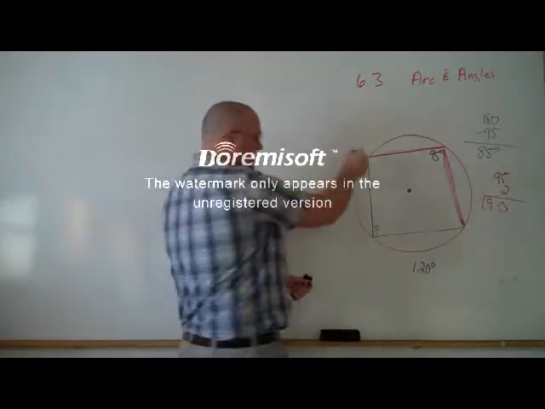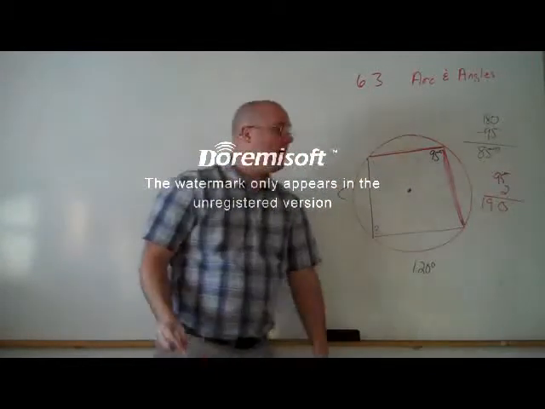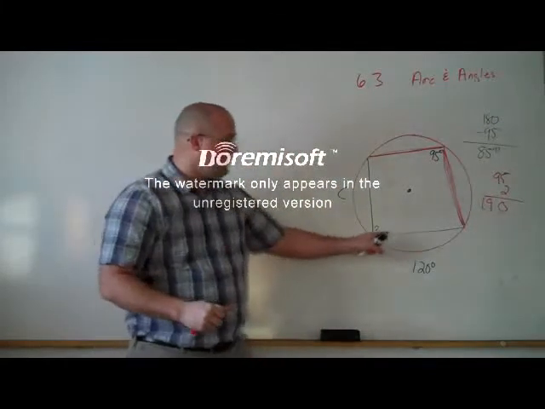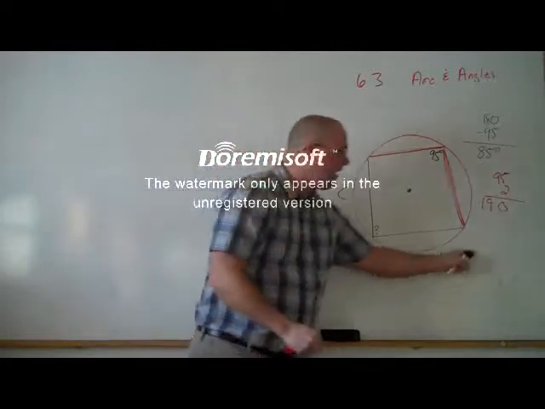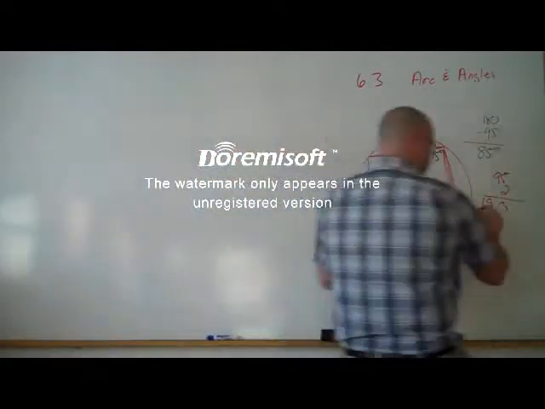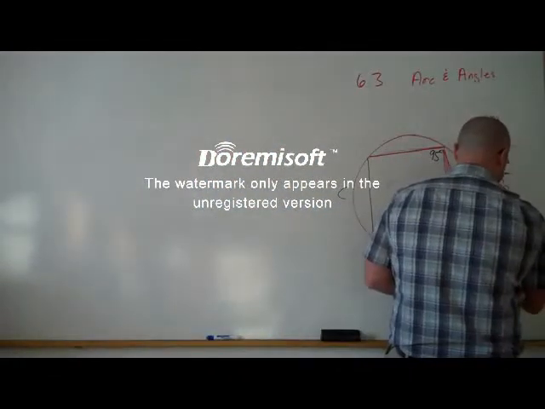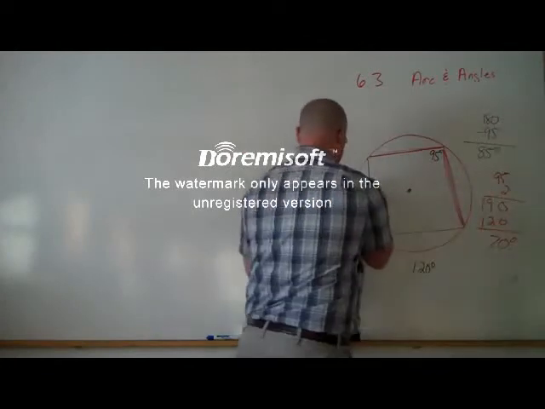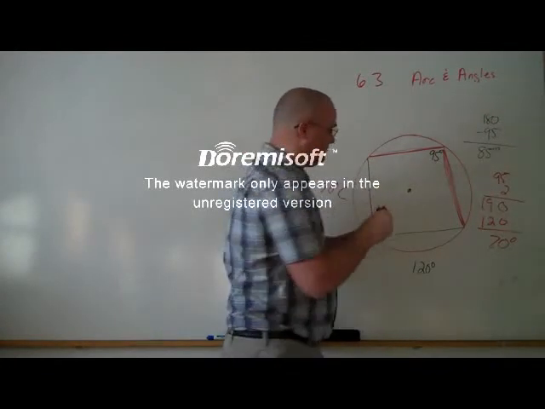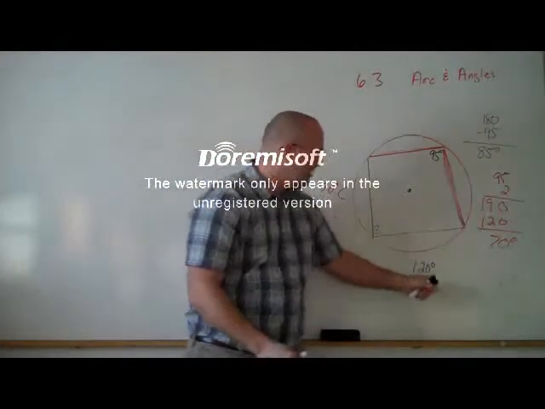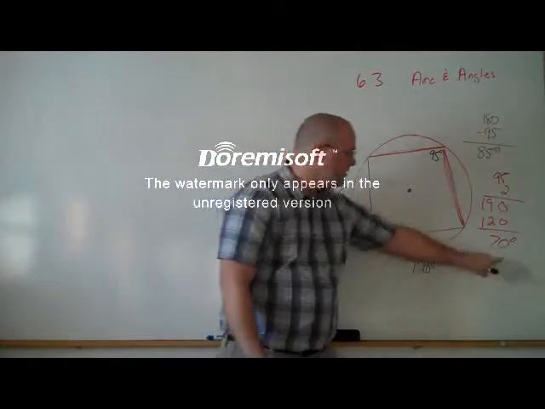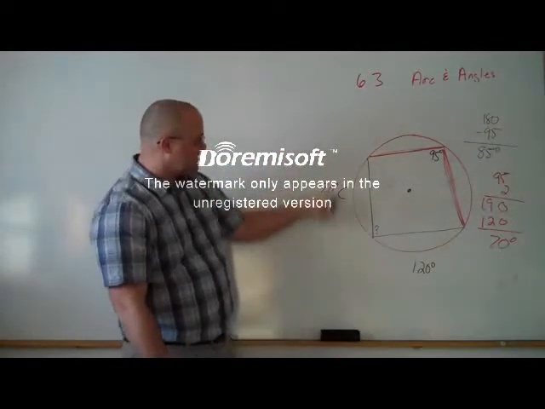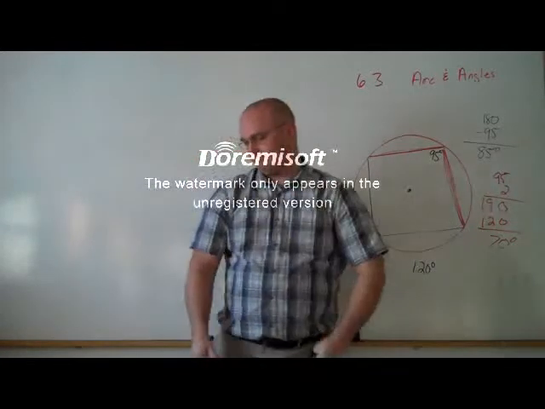So from here to here has to equal 190 degrees. This piece right here we already got as 120, so we take 190 minus this section, which makes 70 degrees. So this arc has to be 70 degrees.